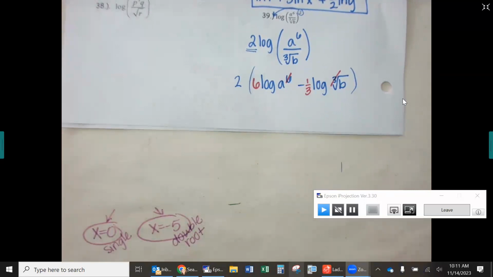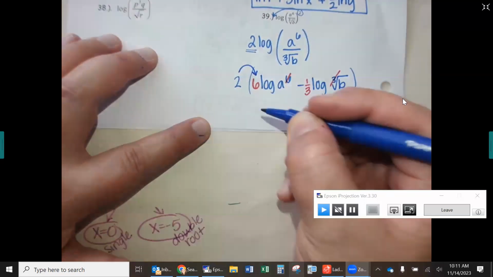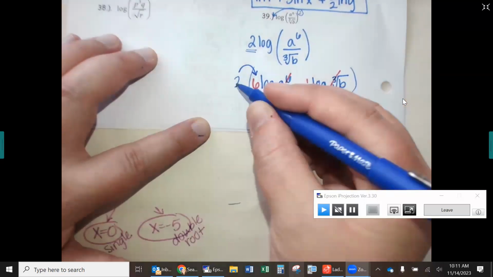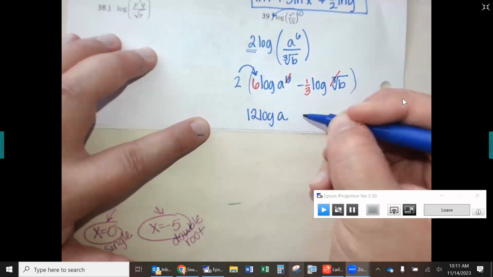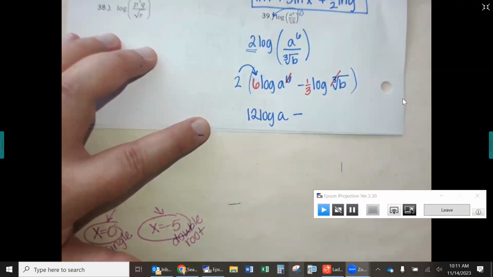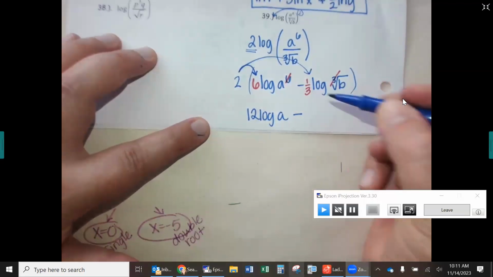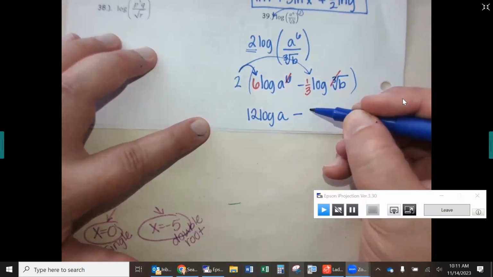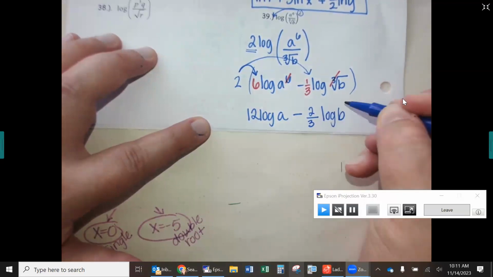So my 6 log A, if I times it by 2, what is that now? That would now be a what? 12 log A. And for my 1/3, if I times it by 2, what's 1/3 times 2? Now it'd just be 2/3 log B.